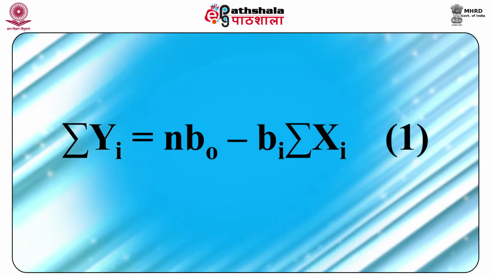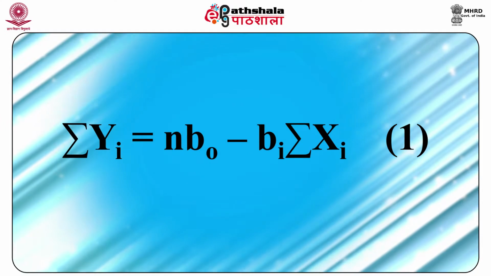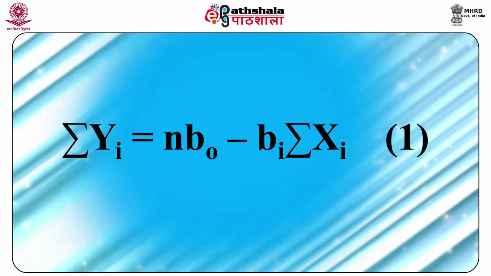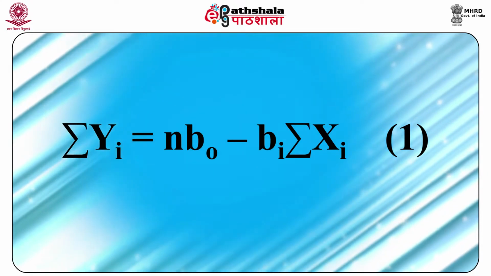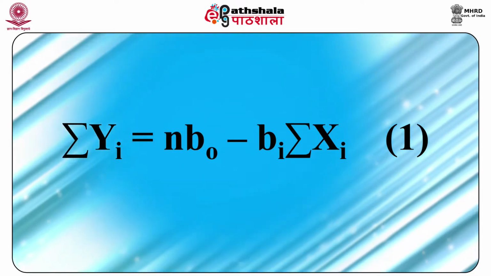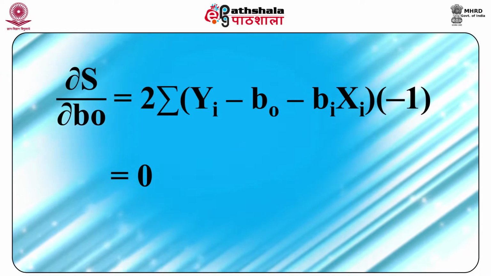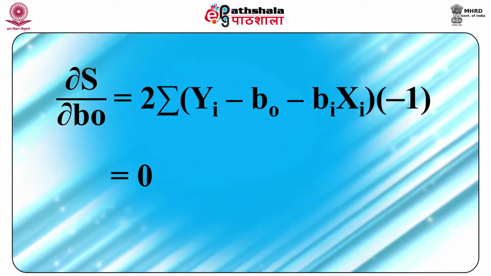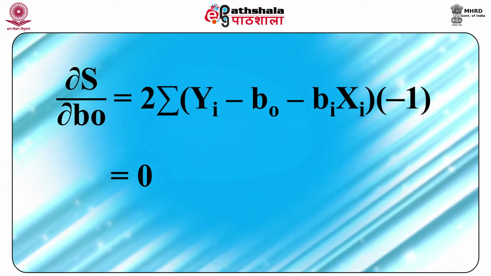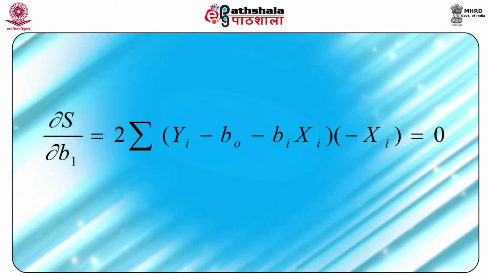This is equal to dS upon db0 equal to minus 2 into sigma (yi minus b0 minus b1 xi) equal to 0. This gives us sigma yi equal to n b0 plus b1 into sigma xi. This is our equation 1, also known as the first normal equation.